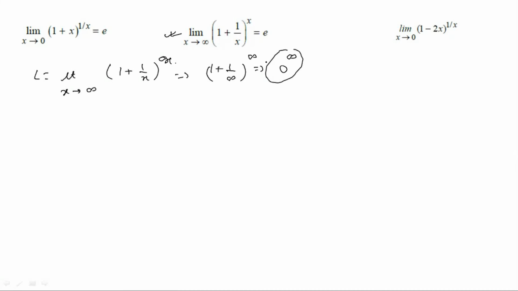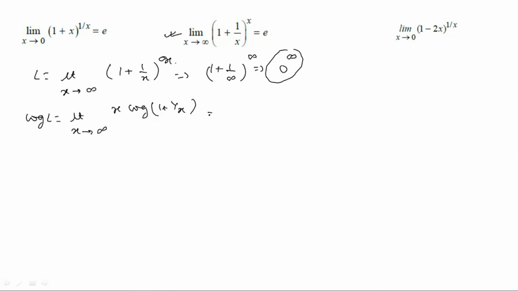So here we use the logarithmic approach. So taking log on both sides, log L is equal to limit x tends to infinity, x log (1 plus 1 by x).